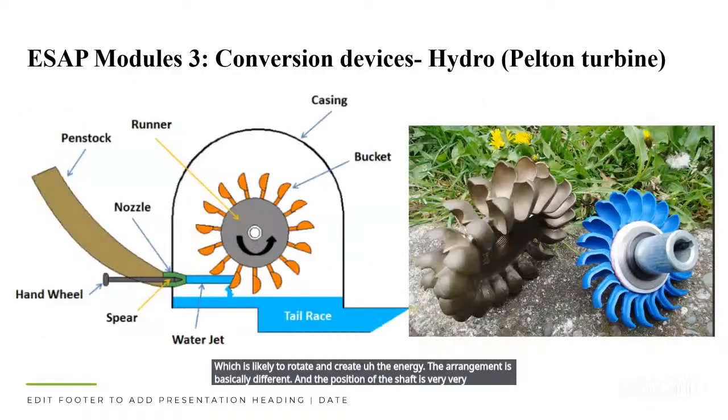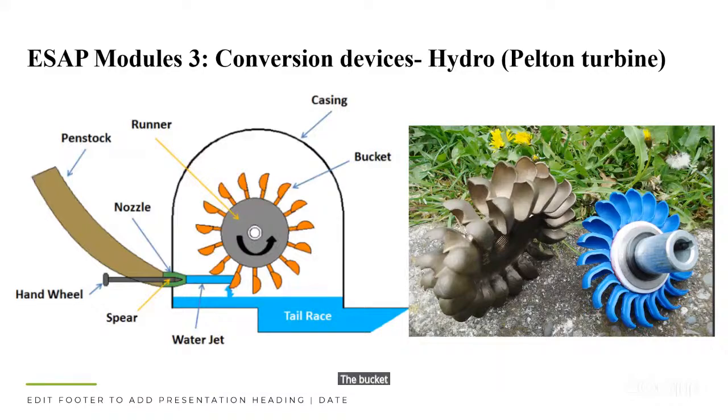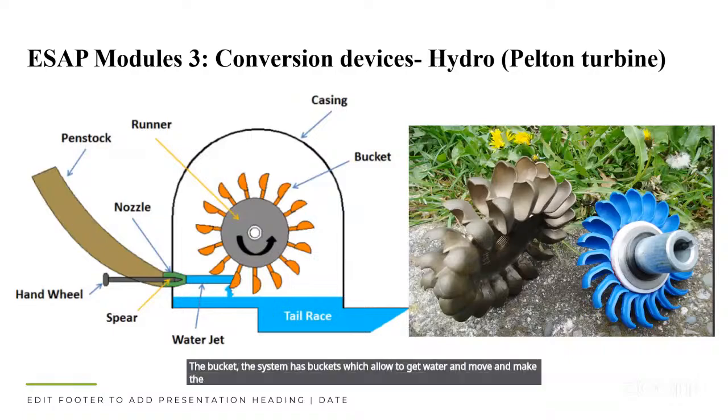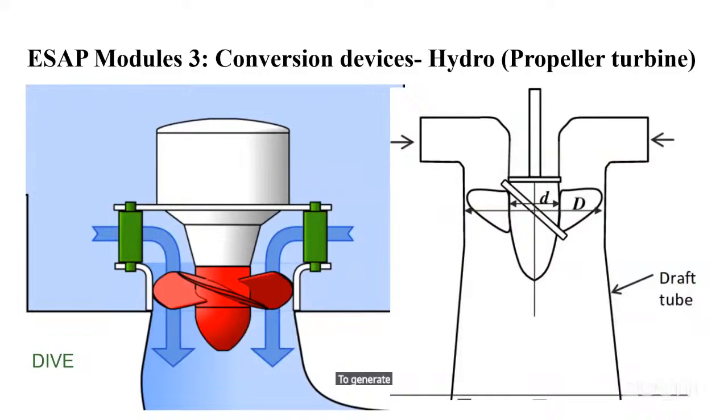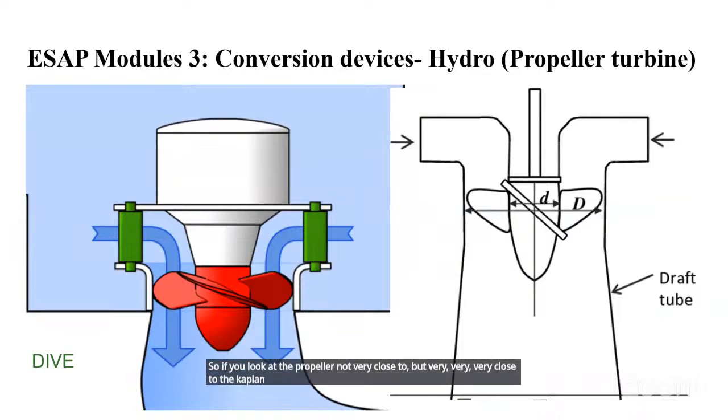So the Pelton is a bit like the Francis, but here again you see that the system has buckets which allow it to get water and move and make the rotation required to generate power. If you look at the propeller, it is very, very close to the Kaplan system.